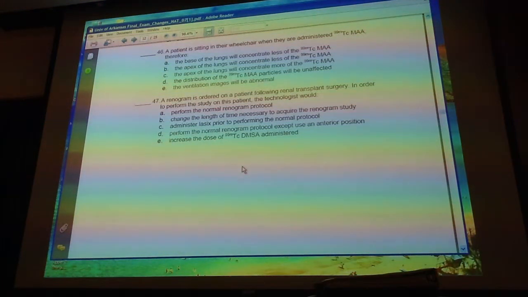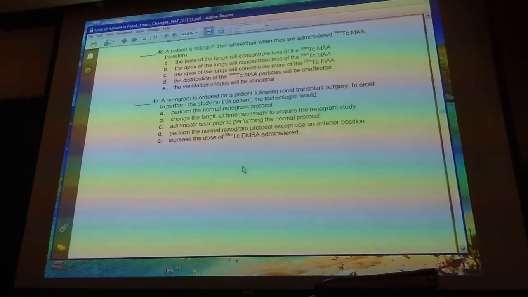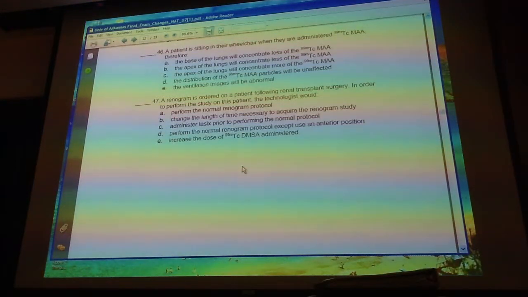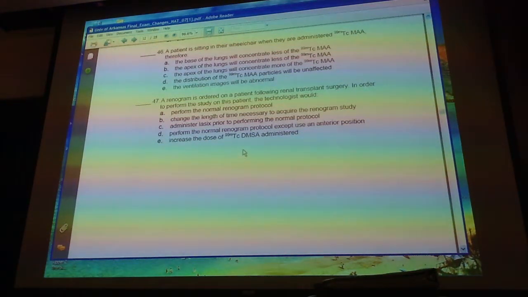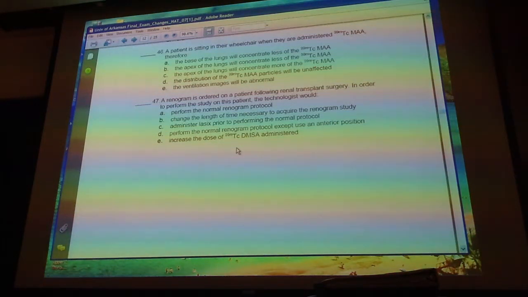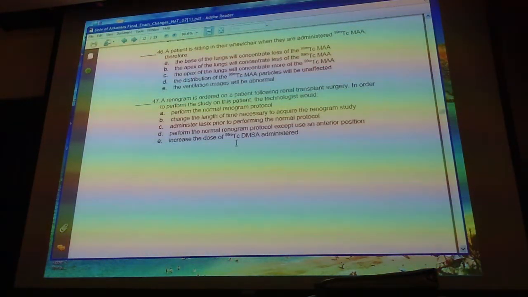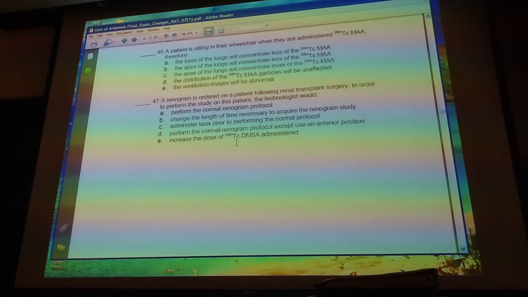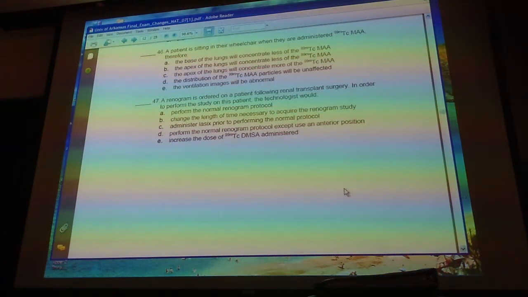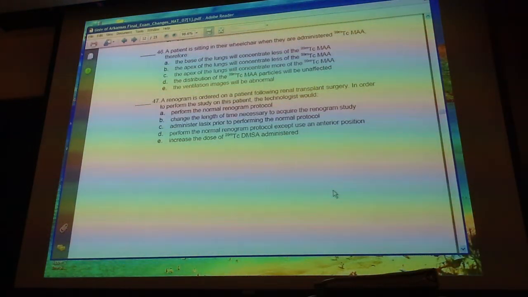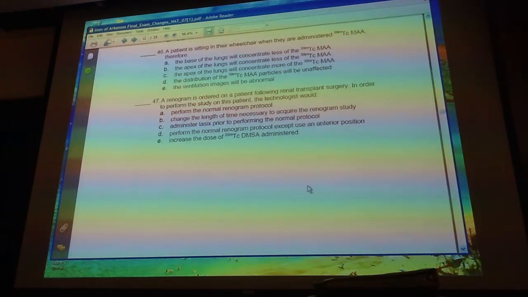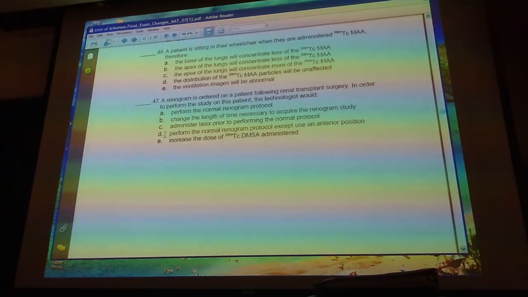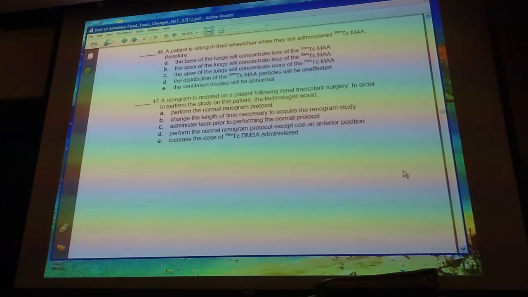Yeah, D. Because transplant is more anterior. Letter D then. Do the renogram with the anterior protocol. Okay, very good.